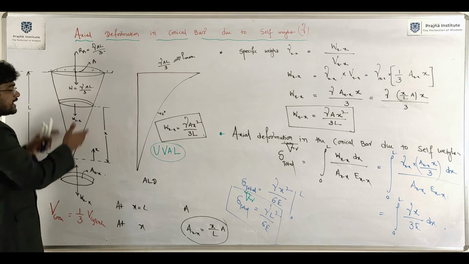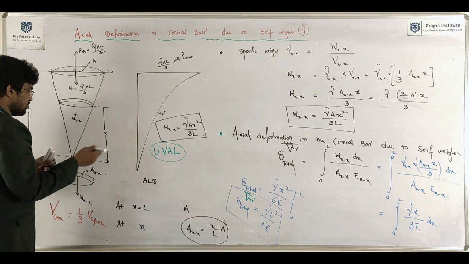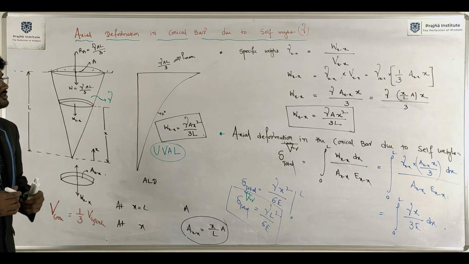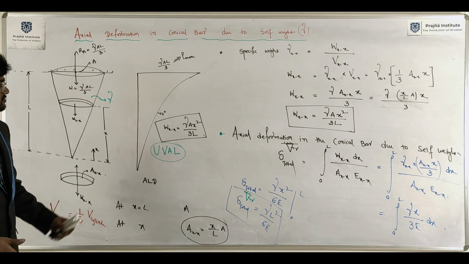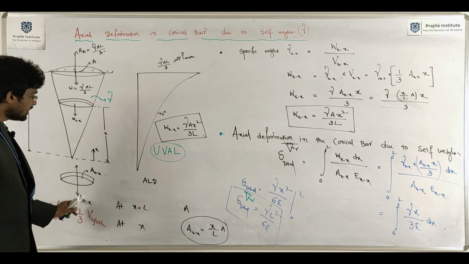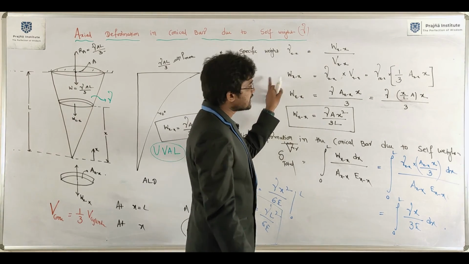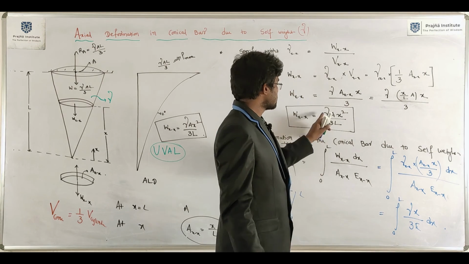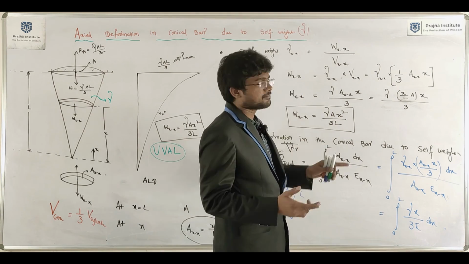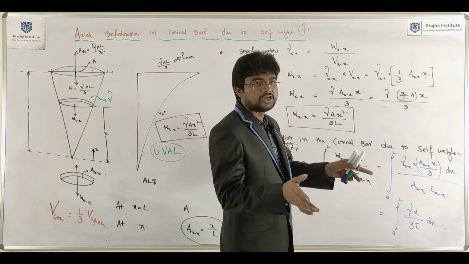For a conical bar under self weight with specific weight gamma, it is very simple. First we took an element and then wrote W_x in terms of gamma, A_x and L. Generally weight is nothing but specific weight into volume.